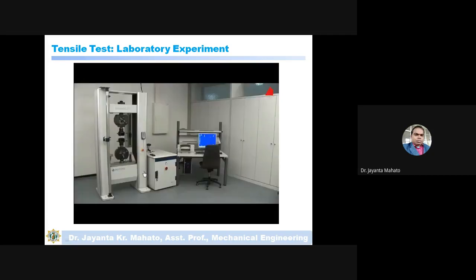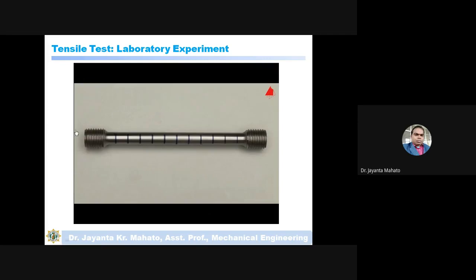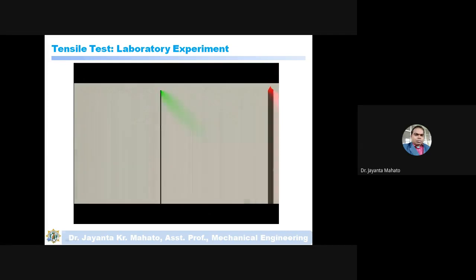The materials that have the yield point phenomenon, this yield phenomenon will be noticed in the case of carbon steel. So this is the original diameter, and L naught is the length, meaning gauge length.